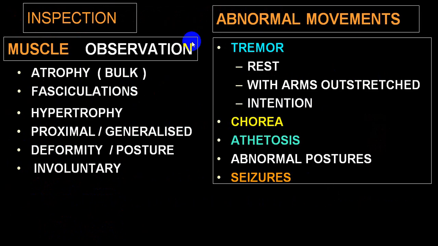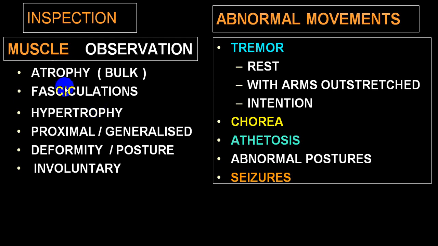So while inspection, you look for atrophy, or we call bulk of the muscle, and you always compare with the opposite side. Simultaneously, you look for the small twitching in the muscle we call fasciculation. Is there any hypertrophy? If there is a proximal muscle hypertrophy, or there is a hypertrophy but the power is reduced, that will be very frequently seen in pseudohypertrophy, or what we call dystrophy.